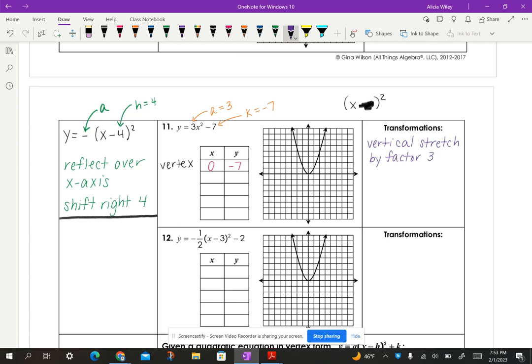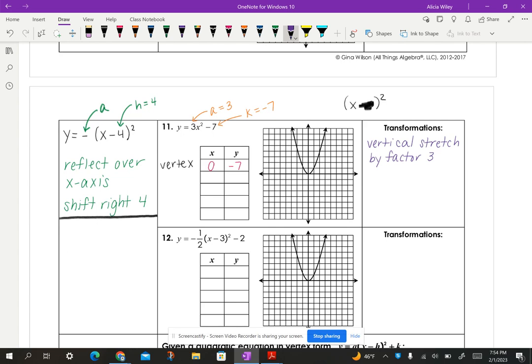The reason I'm using the word factor is because 3 is being multiplied to the x squared. So it's a vertical stretch by factor 3. You could also say the graph is wider by factor 3.